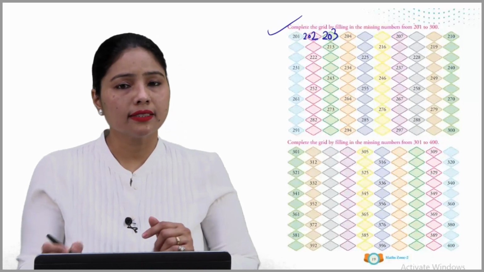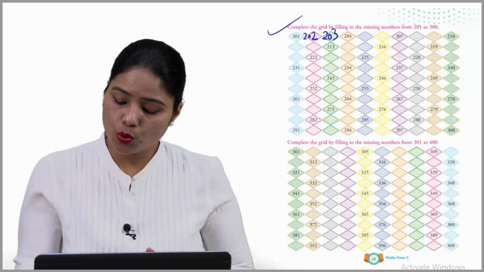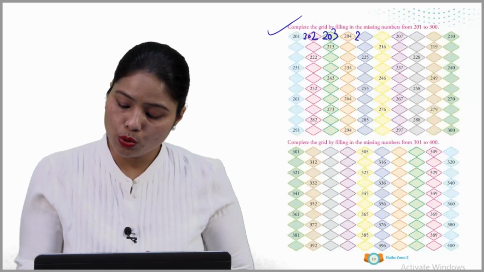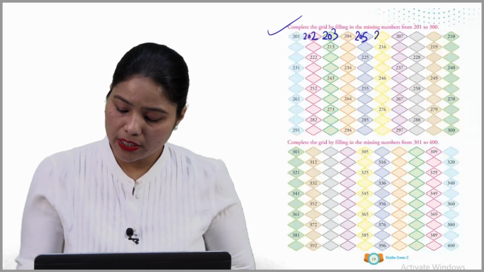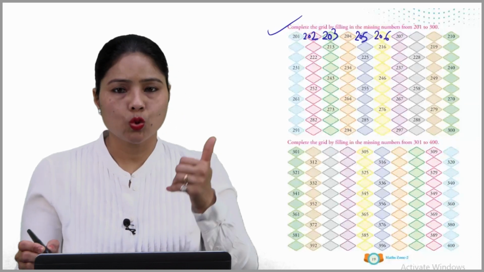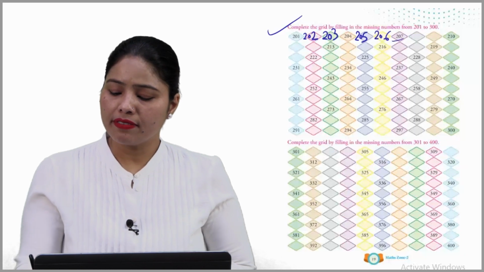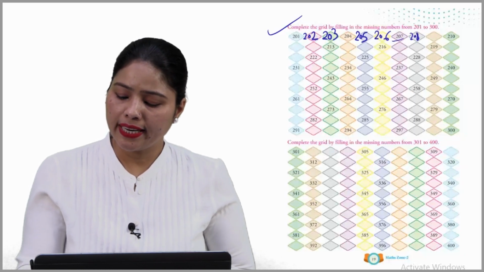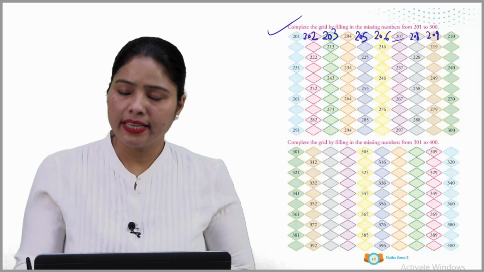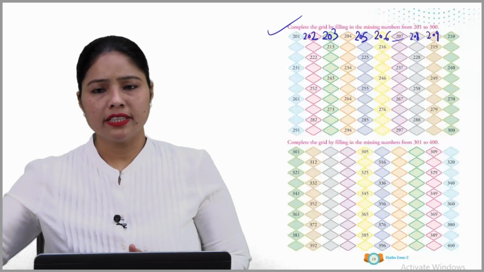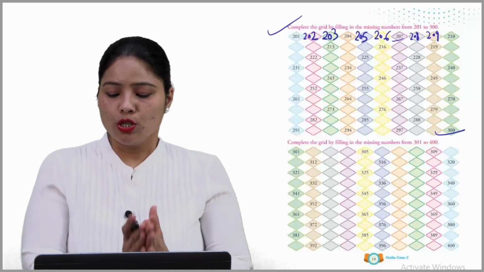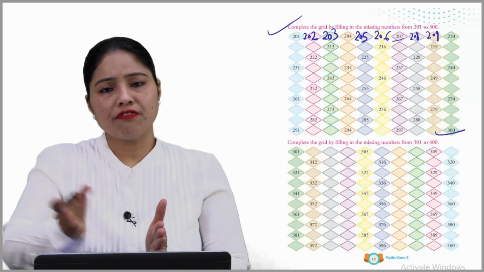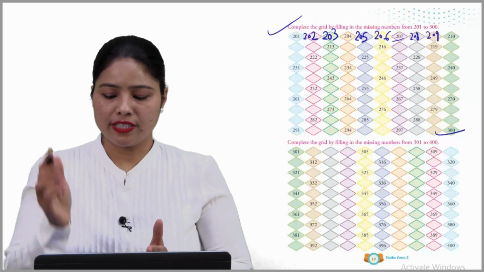So write 203 like that. फिर 204, then 205, then 206, 207, then 208, then 209, then 210, then 211, then 212, and it just ends with 300. So similarly you just fill other blanks yourself.